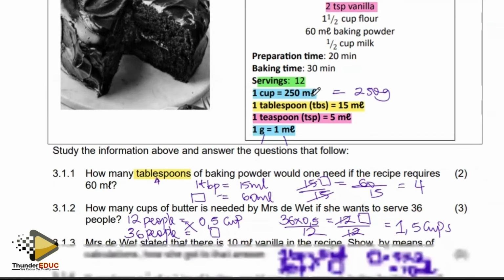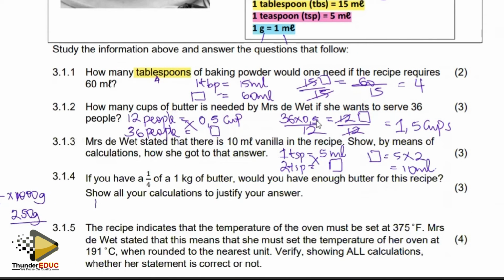So the butter I need is half a cup, so half of 250 grams, which becomes 125 grams. It will be enough.